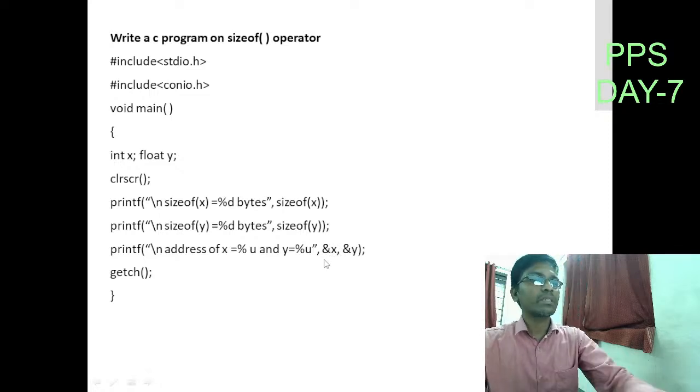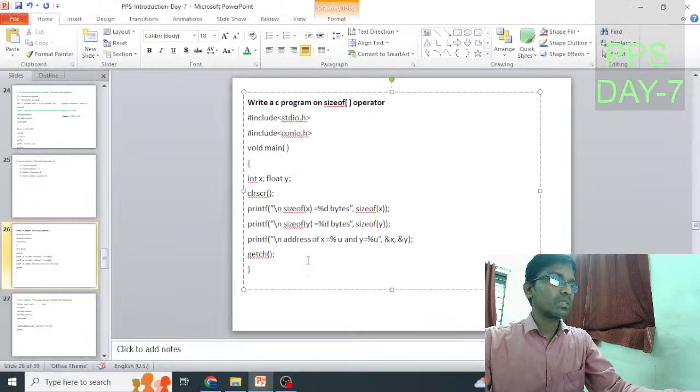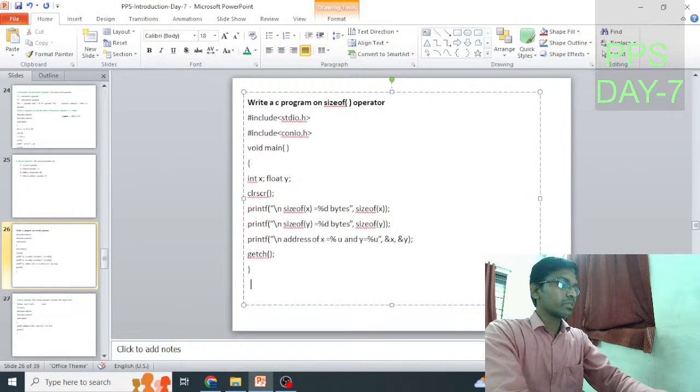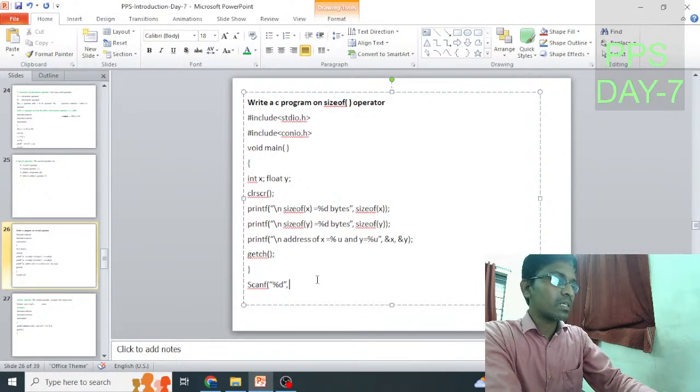Whereas by using the scanf function, you read some numbers from the keyboard. For example, I'm going to use scanf followed by, let us take my data type as integer, then the format string is %d followed by address of x.